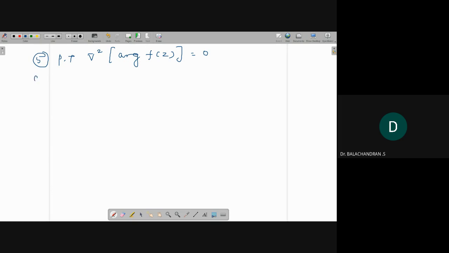So solution. So now you know that f of z equal to u plus iv. So argument of f of z equal to tan inverse of v by u.